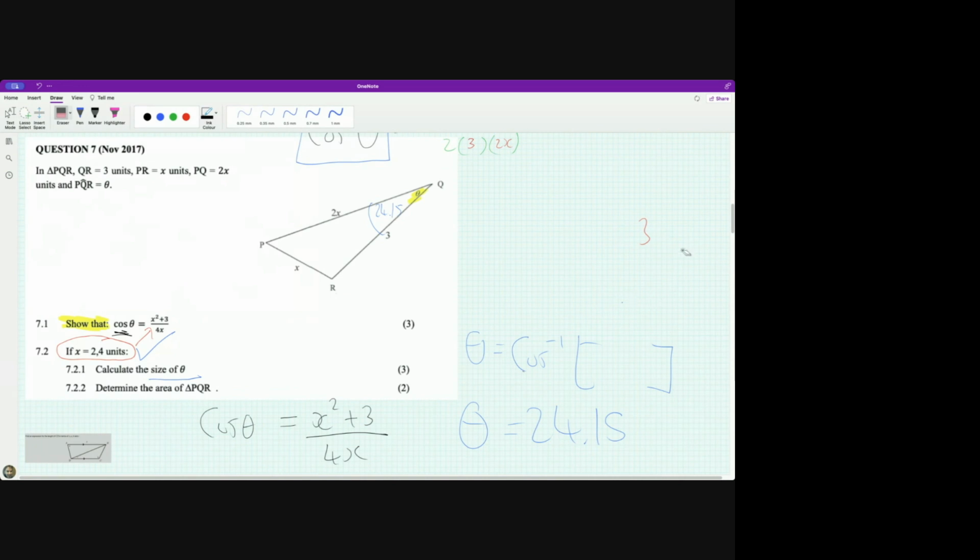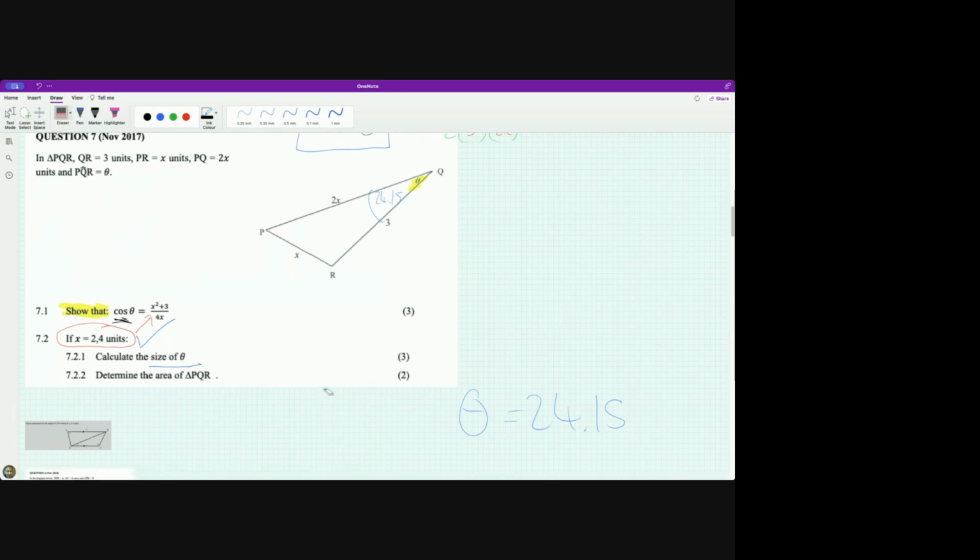How am I going to find the area if one of the sides is a constant and the other ones are variables? What mathematics do you know? What do you notice in the question that might be able to help me? What do I have to see to find the area of PQR?